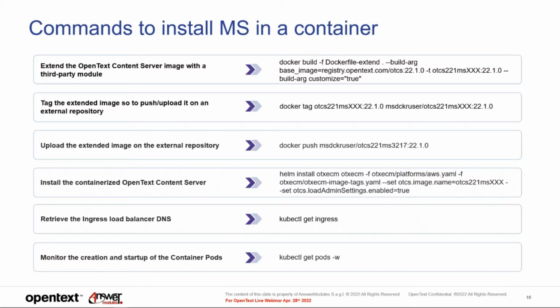The last instruction, get pods, is just a matter of verifying and keeping track of the ongoing process of creation, installation and initialization of the environment, so that we know when it is ready.